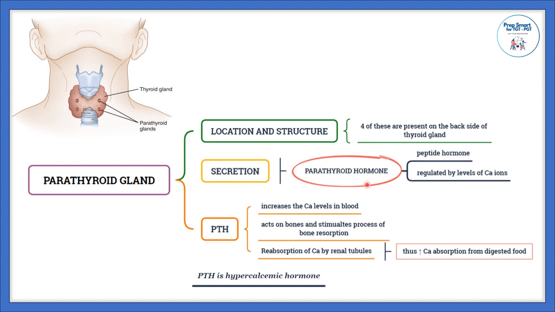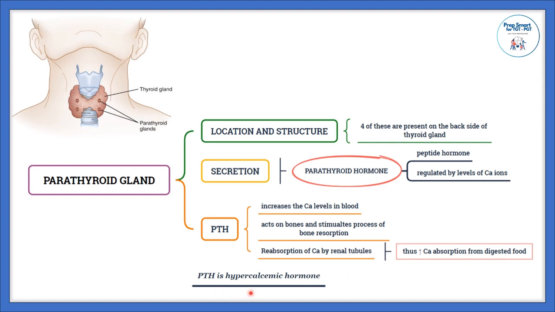PTH, that is parathyroid hormone, increases the calcium levels in the blood, acts on bones and stimulates the process of bone reabsorption. Reabsorption of calcium by renal tubules is also done by parathyroid hormone. It also increases calcium absorption from digested food.